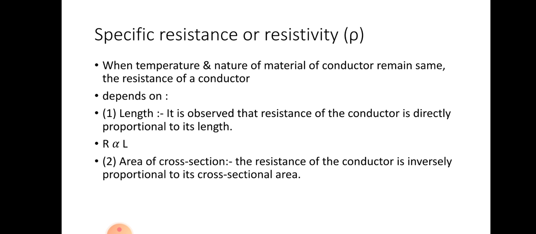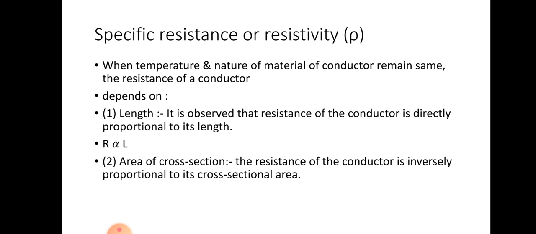So for this, we have to consider that when the temperature and the nature of material of the conductor remain the same, the resistance of the conductor depends on one factor, that is the length of that conductor, and it is observed that the resistance of the conductor is directly proportional to its length.